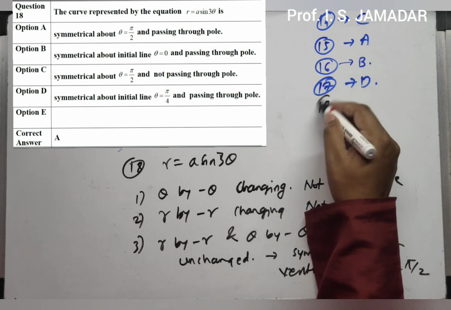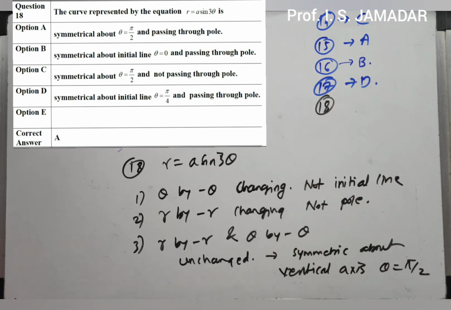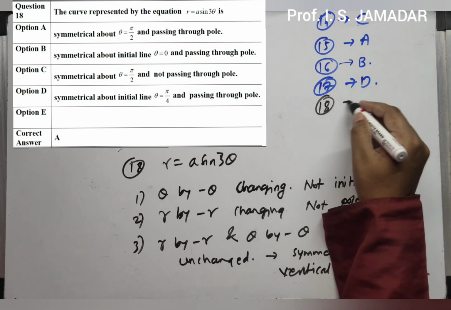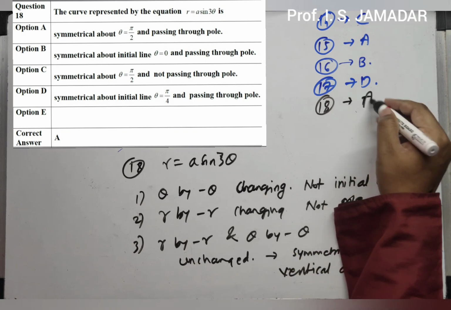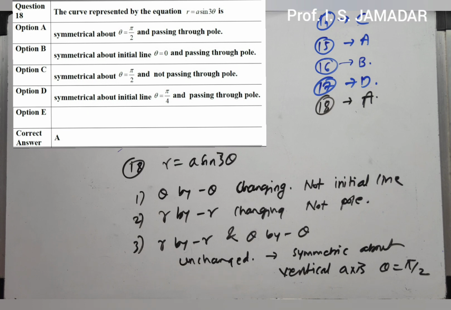So for question number 18, option A, theta equal to pi by 2. But they have also given a second point there, that is the pole. For theta equal to pi by 2, we have two options, A and C. You cannot go directly for option A, we have to check for the pole also.